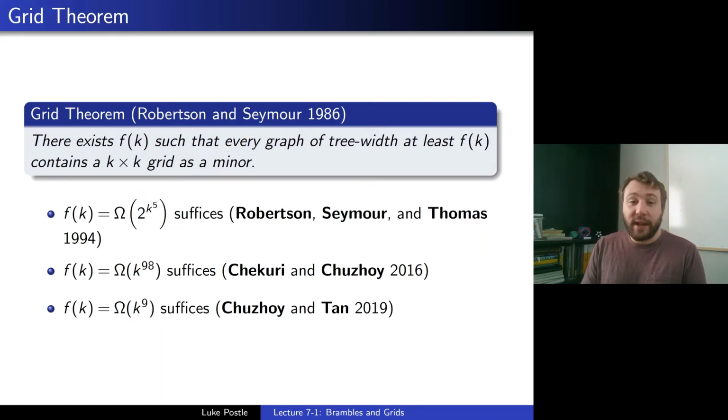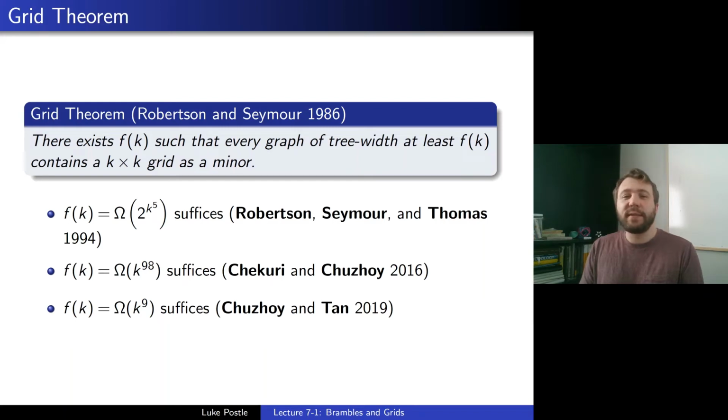Those polynomial proofs are much more involved, stretching maybe 20 or 30 pages, to really optimize the number. Okay, so grid minors are fundamentally the reason for large tree width.